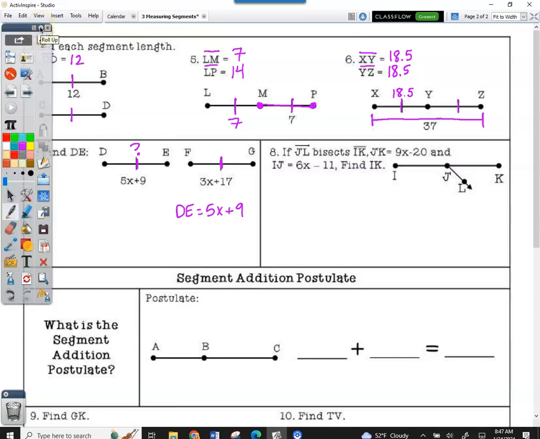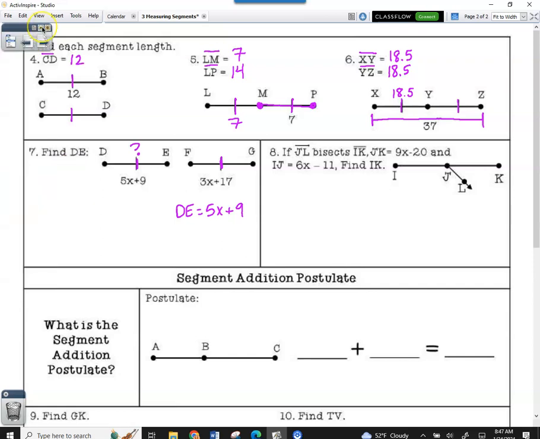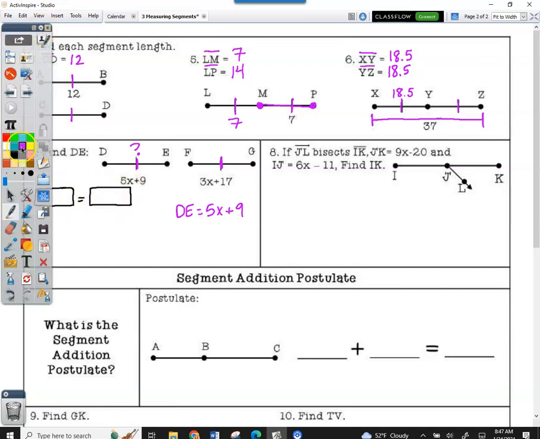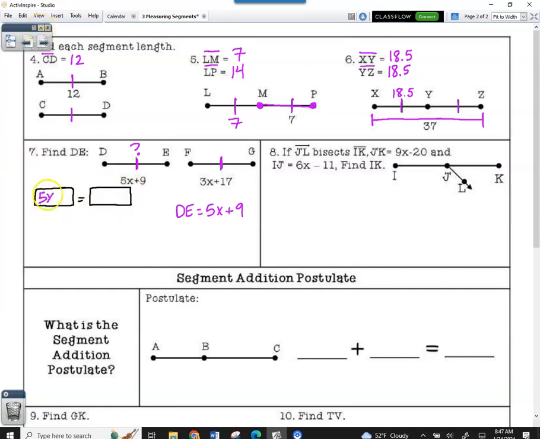I'm going to try to make this fancy, and I'm going to put that we just said we got one equals the other. And now, of course, you would fill that in. So 5x plus 9 equals 3x plus 17. Now you have a multi-step equation like what we practiced last week, and you would solve it.